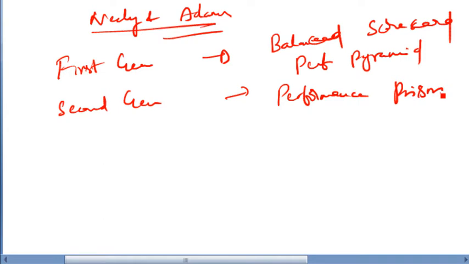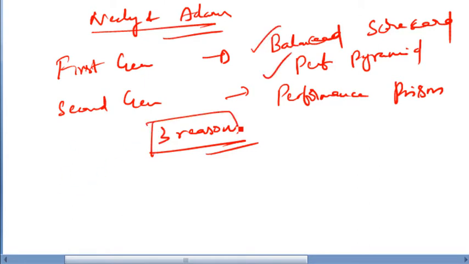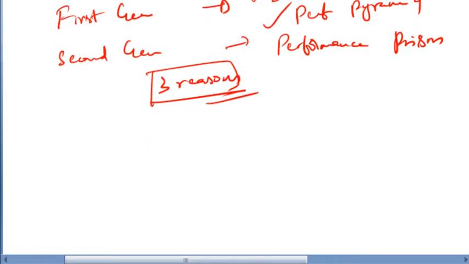These guys give us three reasons why they say the new framework, the second generation model of performance prism, is very much required, and has to replace the first generation models, that is balanced scorecard as well as performance pyramid. So let's try to understand the reasons first. Okay, chalo, let's move on.